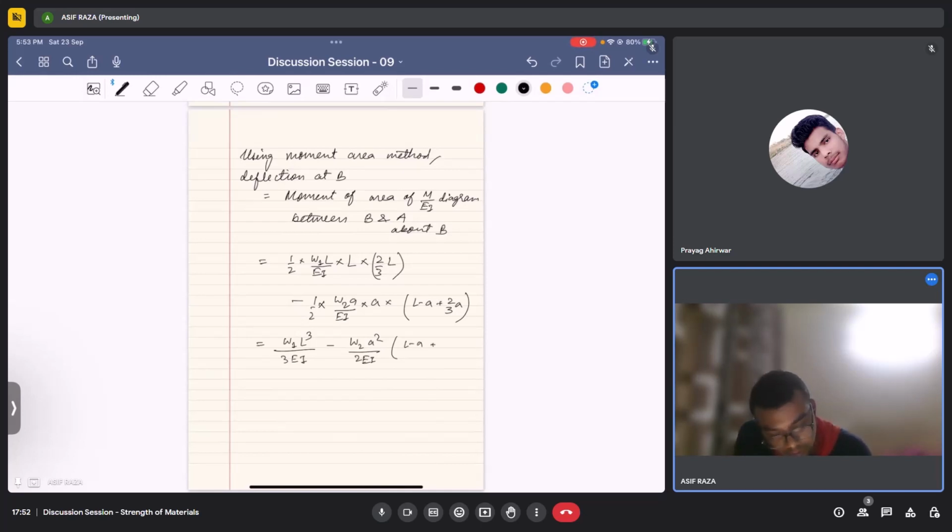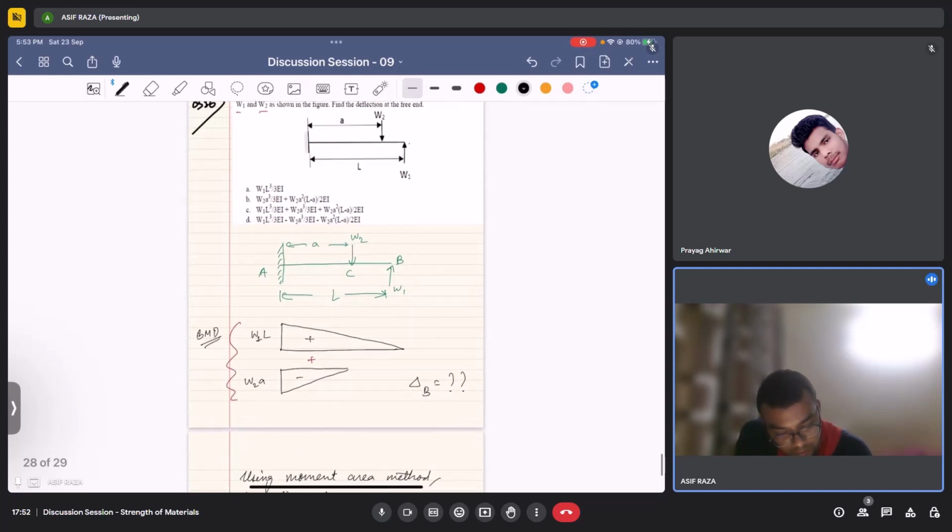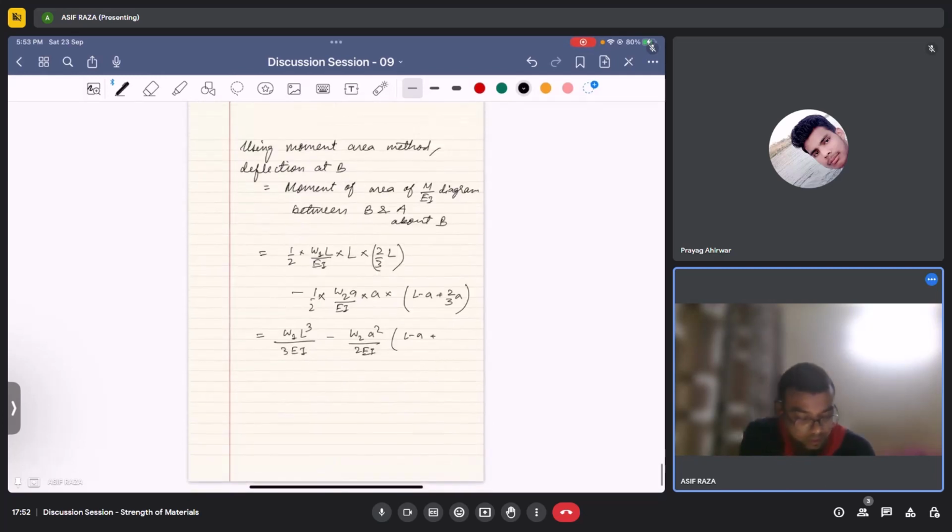If I see the options, one includes L minus a, so I'll just divide this into two parts like this. Deflection at B is W1 L cube by 3EI minus W2 a square by 2EI times L minus a, minus W2 a cube by 3EI.